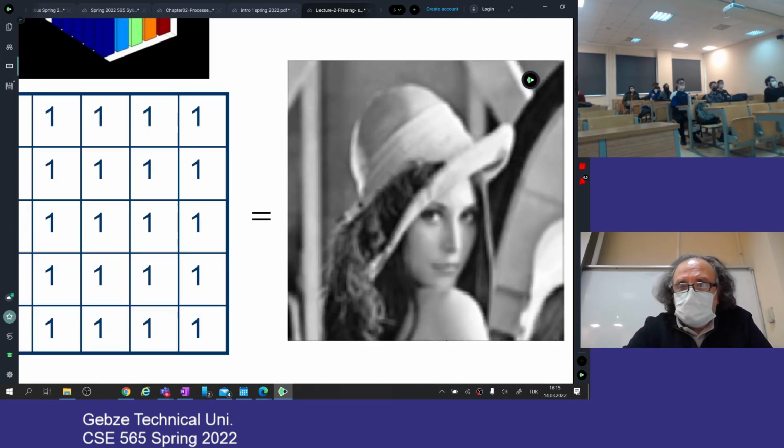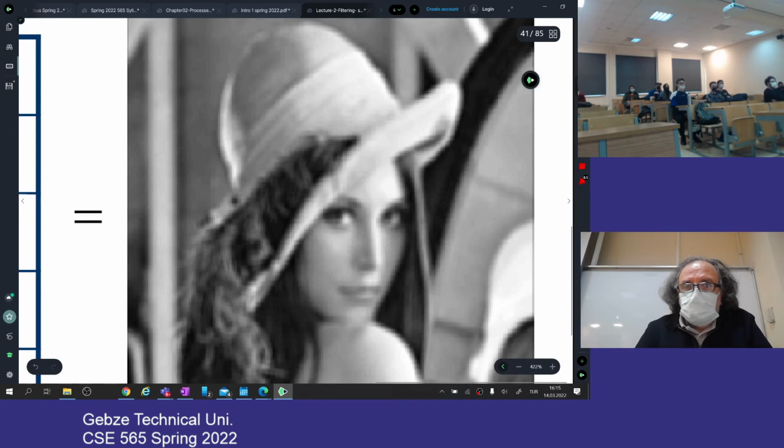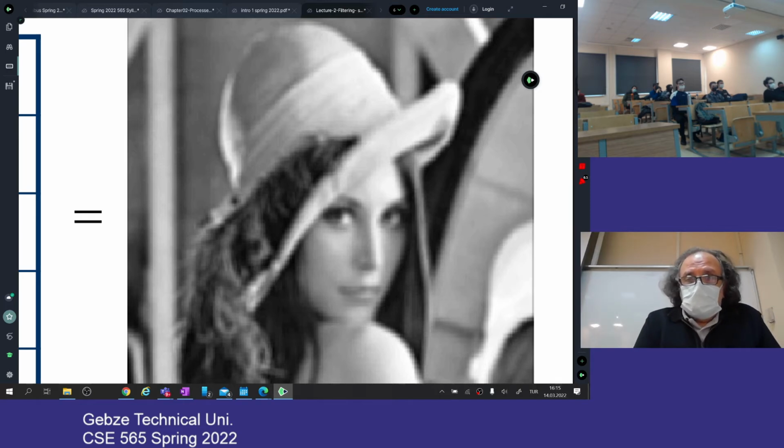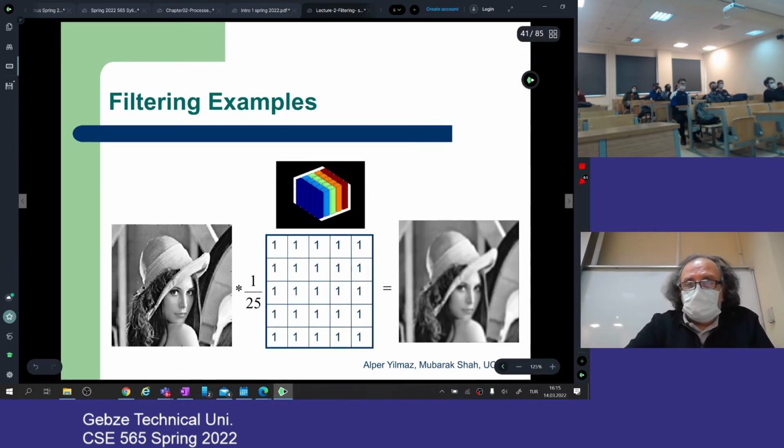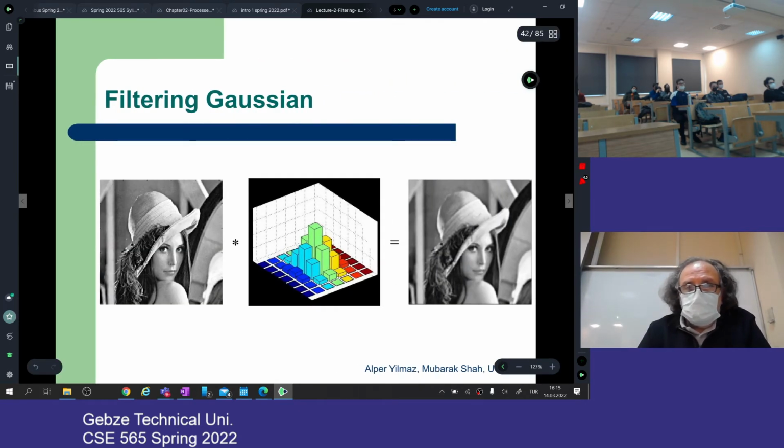This one is even smoother. Okay, I lost much more information, but the image looks more smooth. So if I make the filter larger, that's what I would get. How about this one? Interesting.